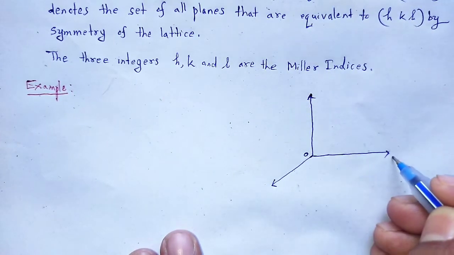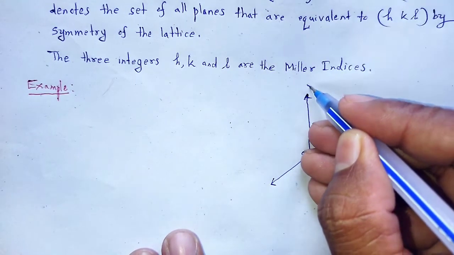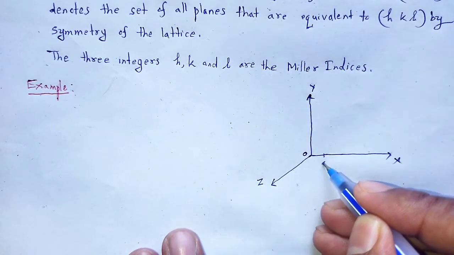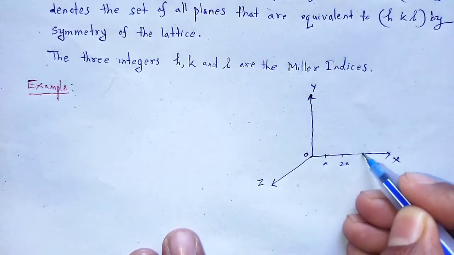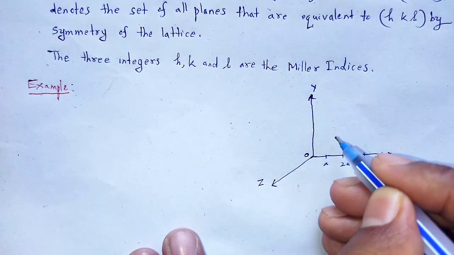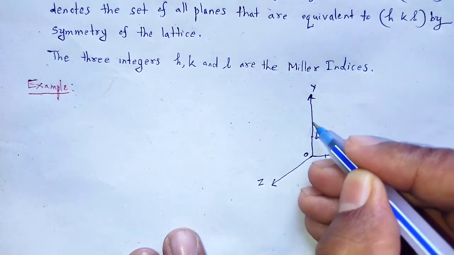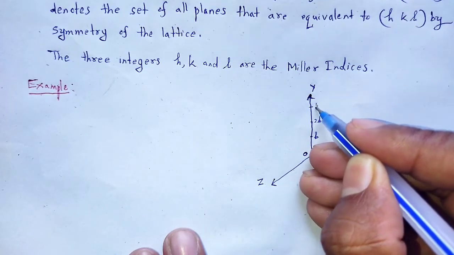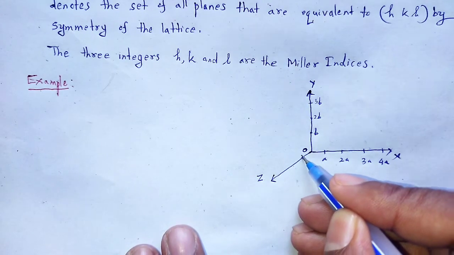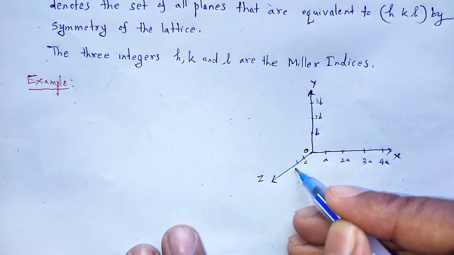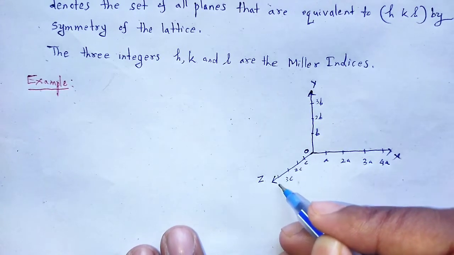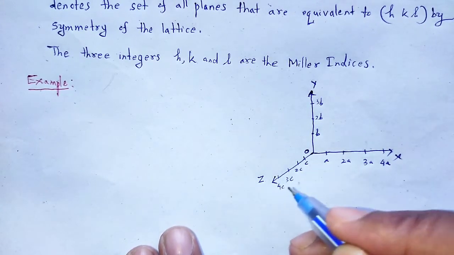The coordinates along x, y, z are like a, 2a, 3a, 4a, and so on, and b, 2b, 3b, and so on, c, 2c, 3c, 4c like this.